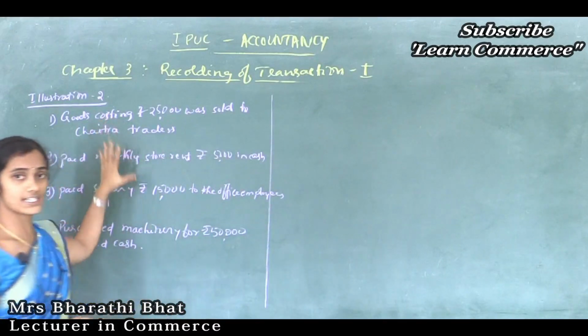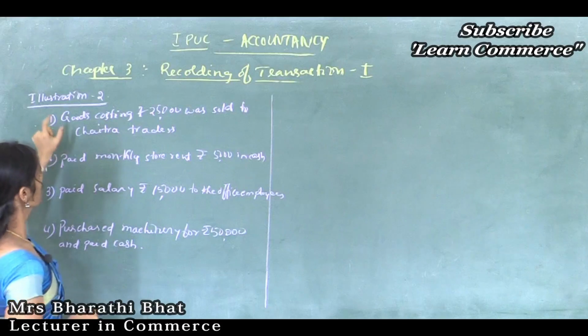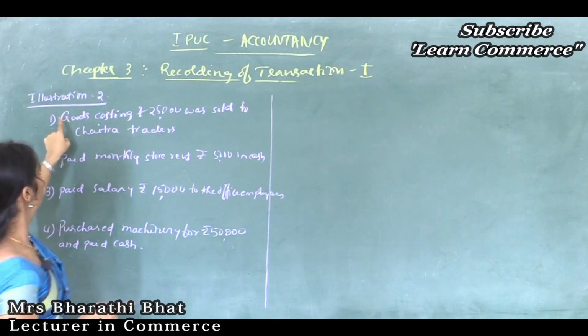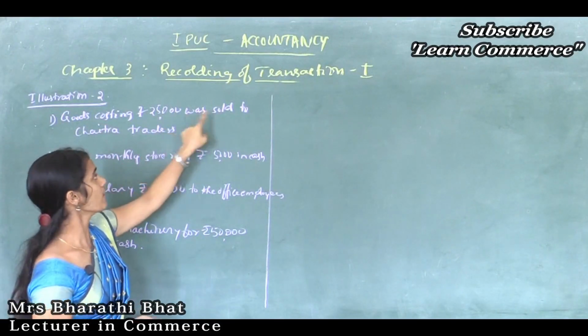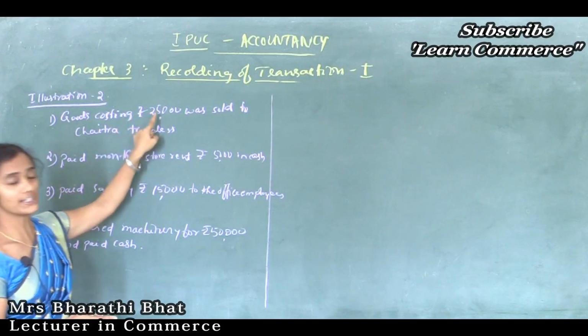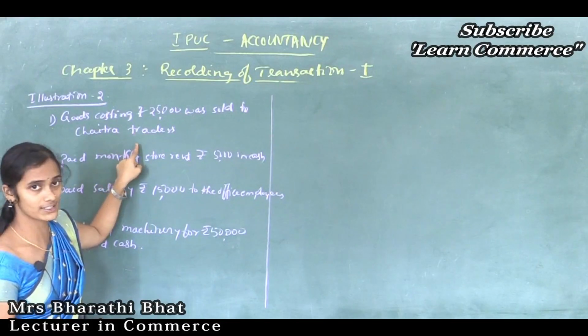This illustration 2 also includes some transactions, and the first one is: goods costing rupees 25,000 were sold to Chaitra Traders.